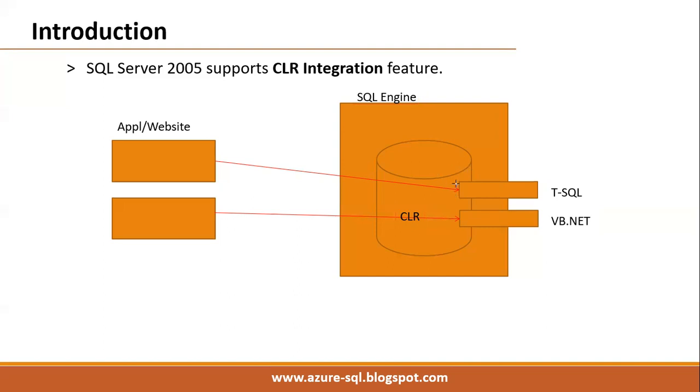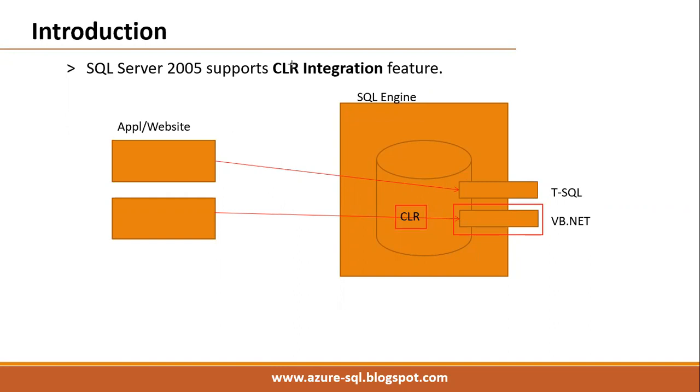In a database, we have two programs: this is written with T-SQL, this is written with .NET. Whenever the user calls the program written with T-SQL, our SQL engine can run it directly, because the SQL engine can understand T-SQL programs. But the SQL engine cannot understand .NET languages. That is the reason if the program is written with .NET languages, our SQL engine uses CLR to run that program.